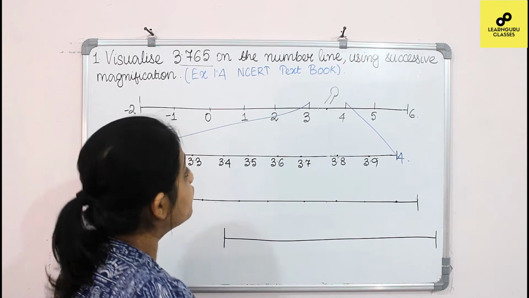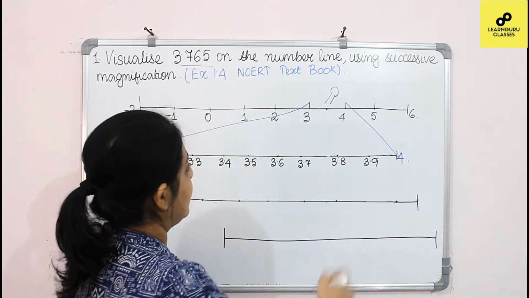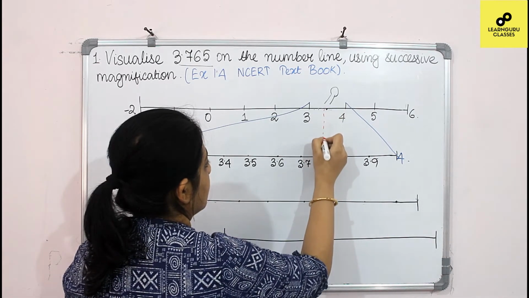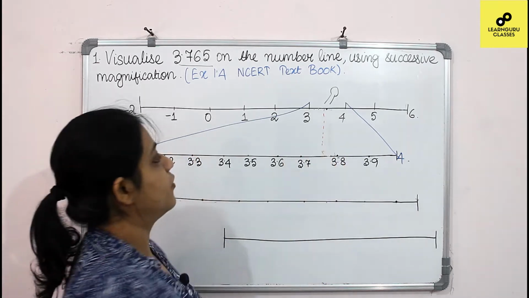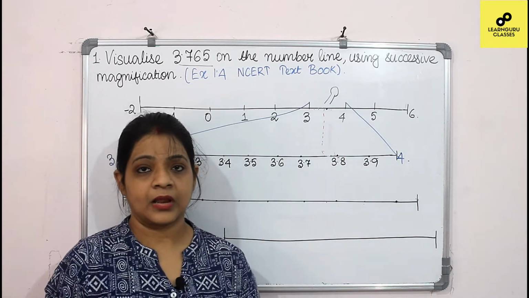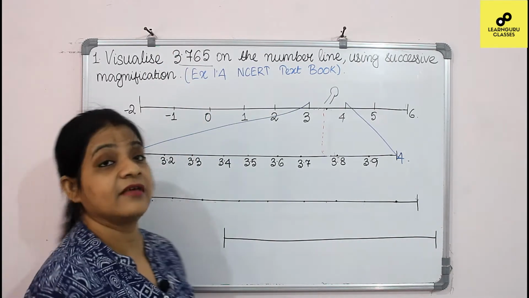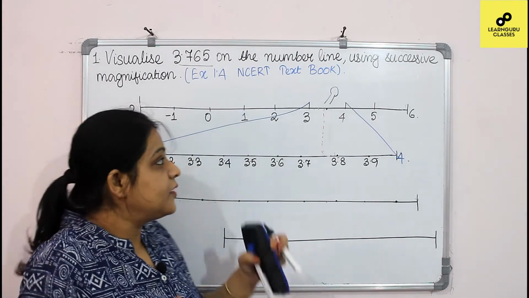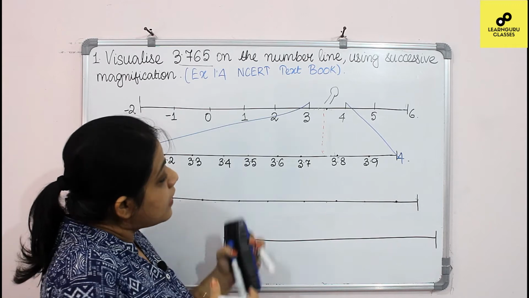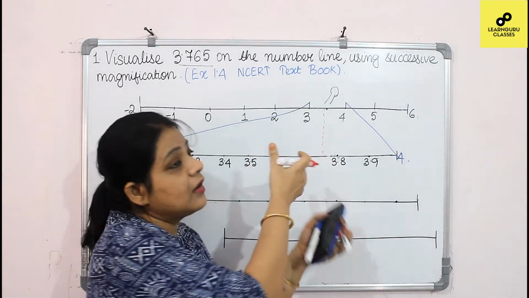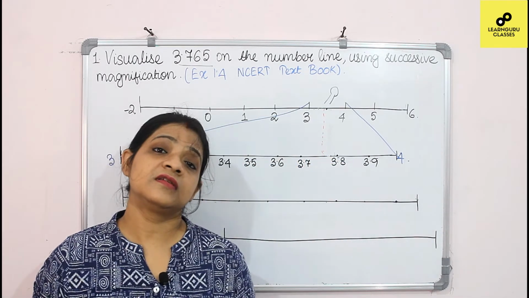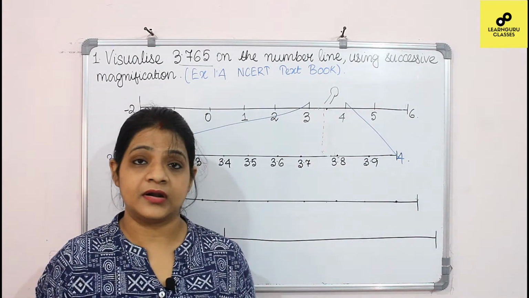So let us project this particular area. Now again let us look into 3.765. You have to determine where 3.765 will lie in this particular number line.